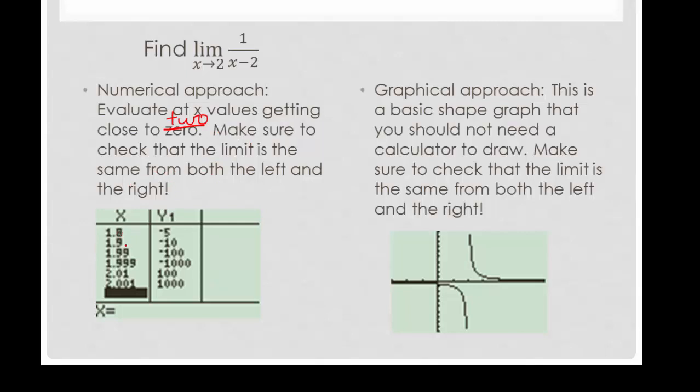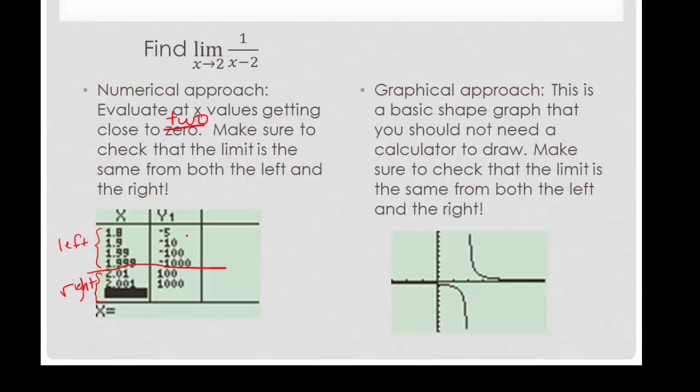So again, if I'm getting close to 2, here are 2 different calculations. Here's 1.8, 1.9, 1.99, etc. So are these approaching 2 from the left or approaching 2 from the right? These are approaching 2 from the left because they're all smaller than 2. These are all approaching 2 from the right because they're larger than 2.